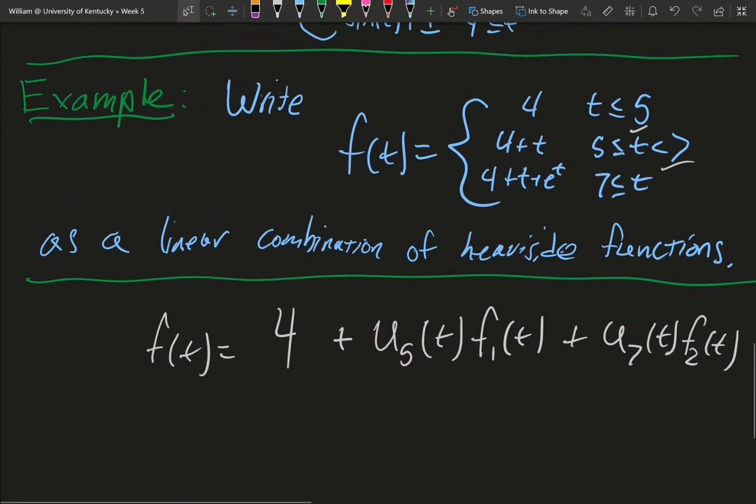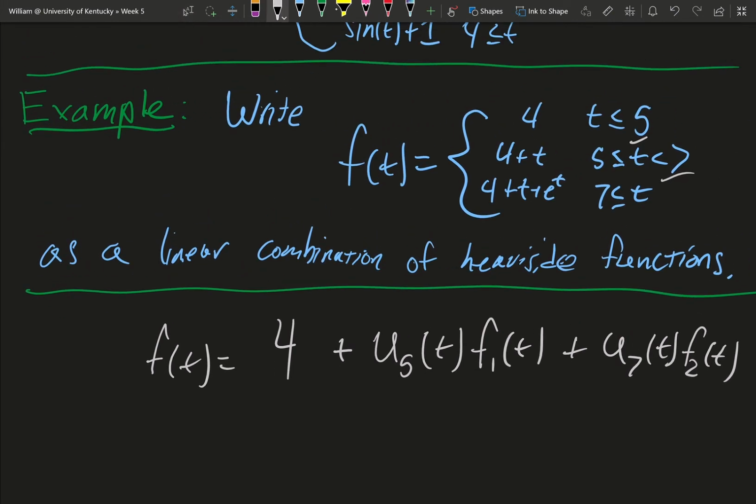So now we can go through and find what happens if t is in between 5 and 7. So we know what f of t has to equal here. It has to be 4 plus t. If we're in between 5 and 7, we're greater than 5, so this first Heaviside function is going to be equal to 1.